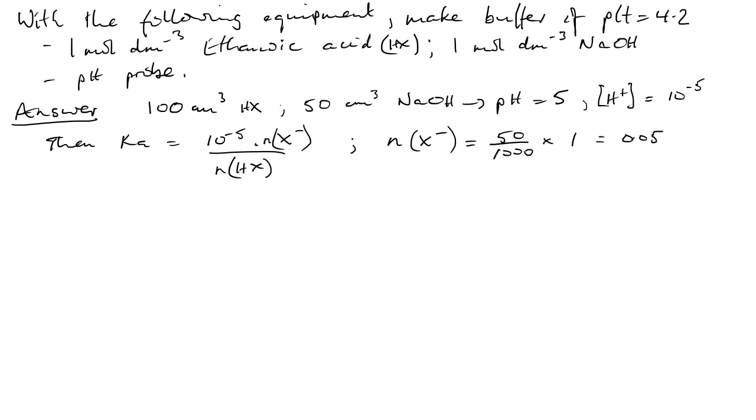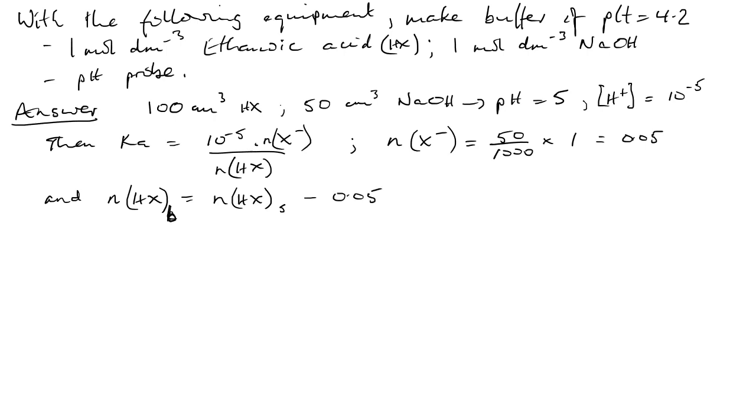And our moles of HX in the buffer, let's call that B for buffer, are the moles of HX that we started with, let's call that HXS, minus what reacted away, which was the 0.05, the amount of hydroxide that we added.